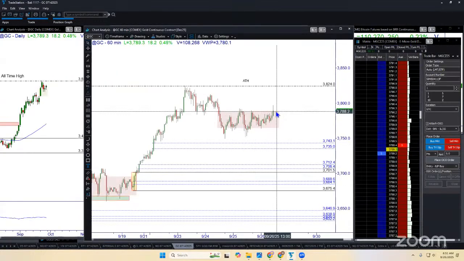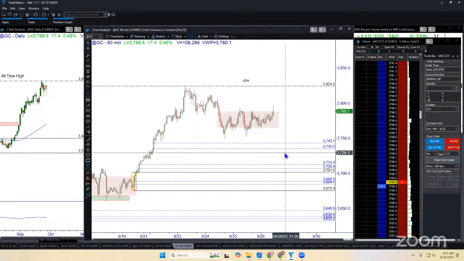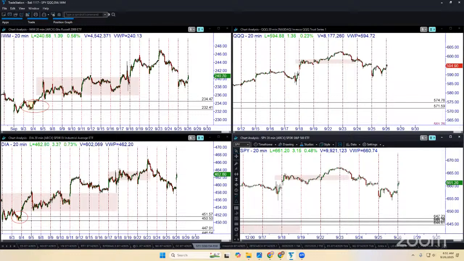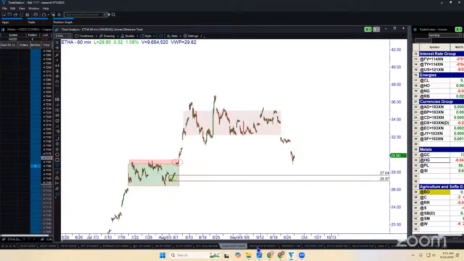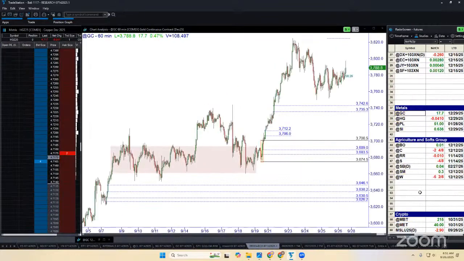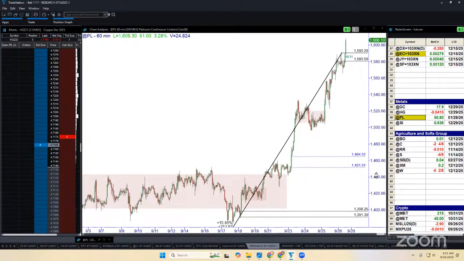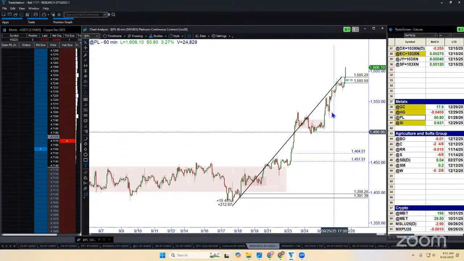Still not much reaction on gold. No trade until we find price comes down to demand. Our ETFs are really kind of quiet. Going to revisit platinum. Platinum has just been on a ripping move to the upside.